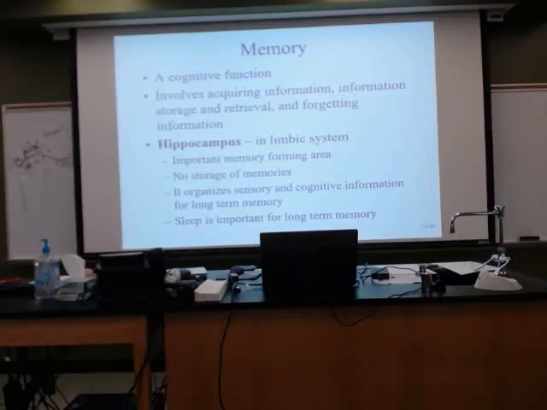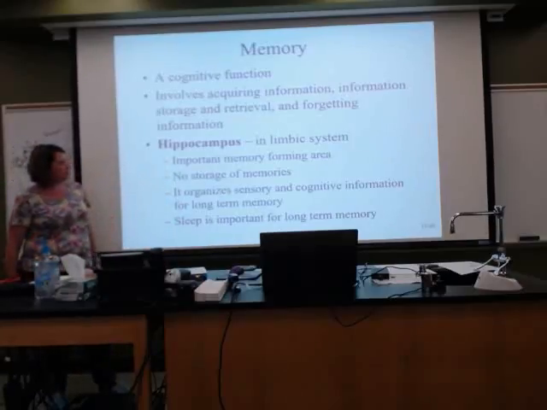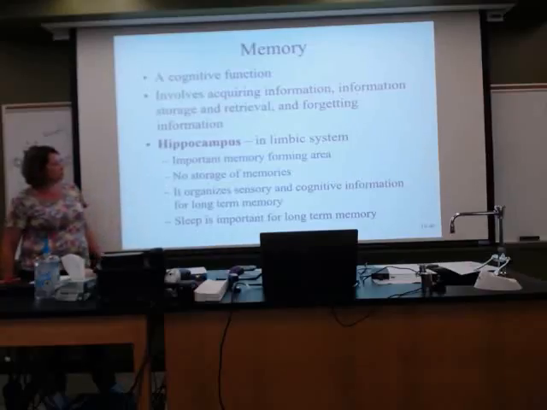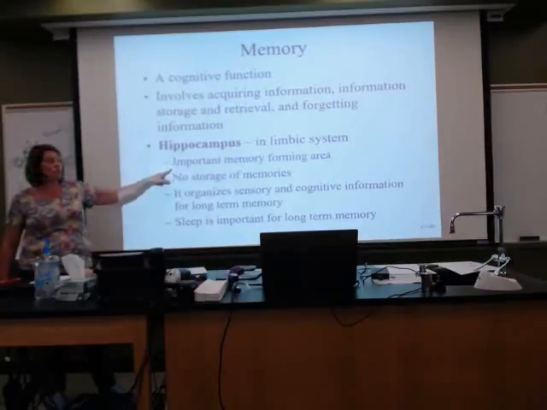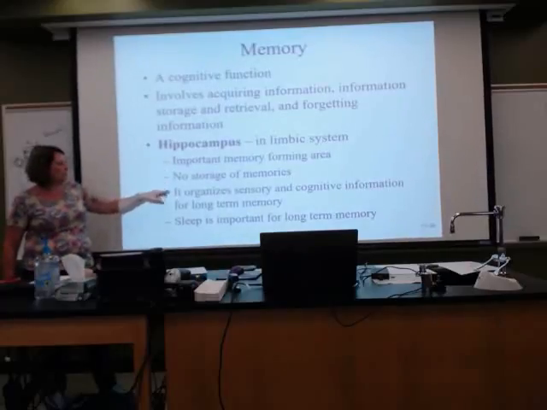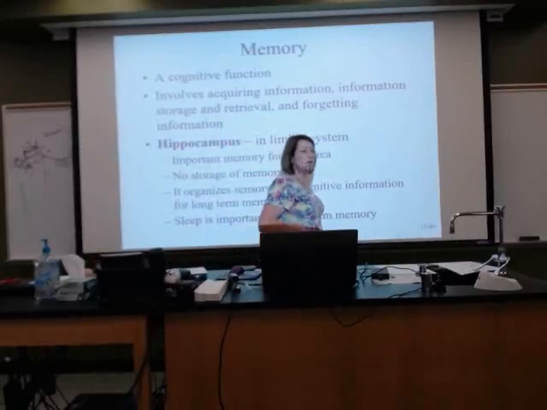Now, forgetting information, like I said, is just as important as remembering it. So this area that we get, the hippocampus, part of that limbic system, is going to be an area that's important for forming a memory. However, there's no storage of the memory.